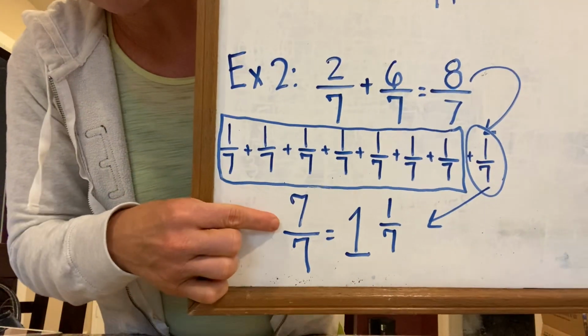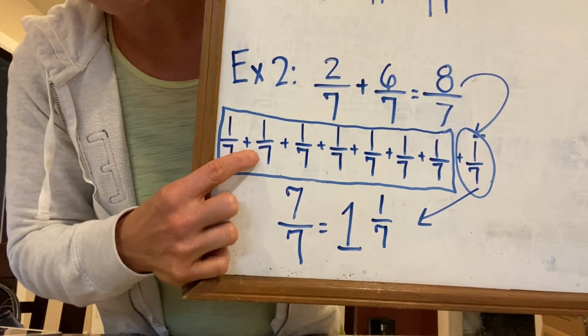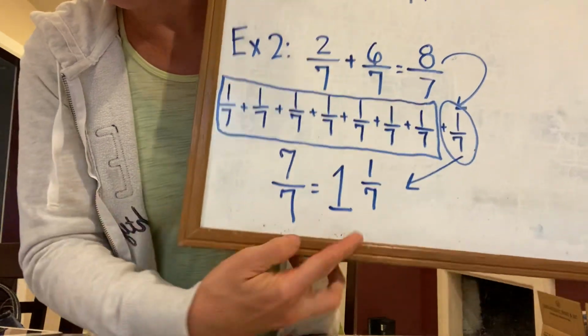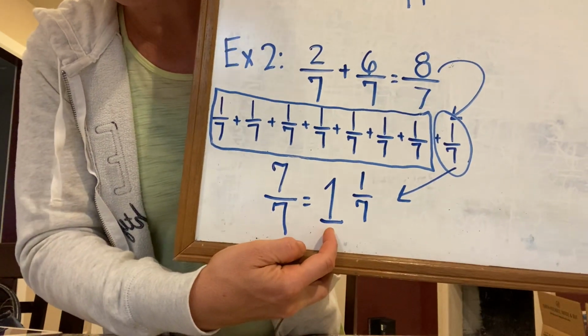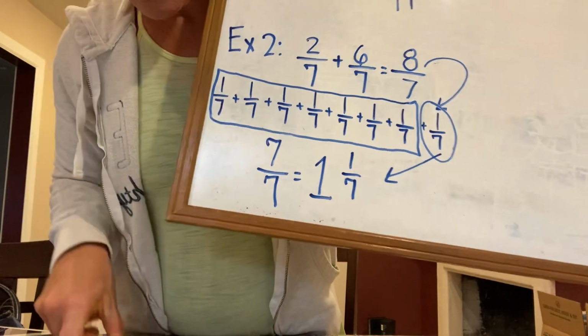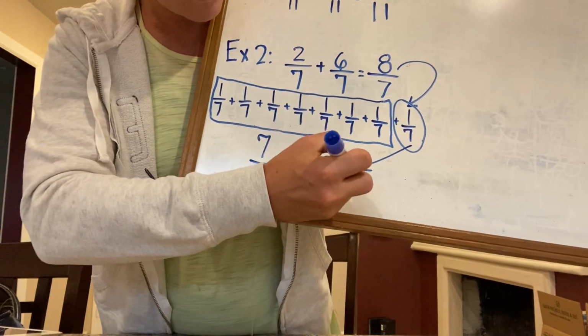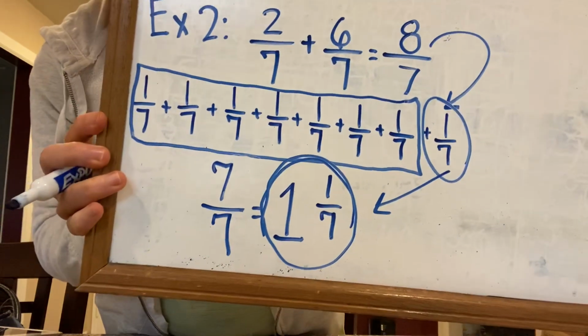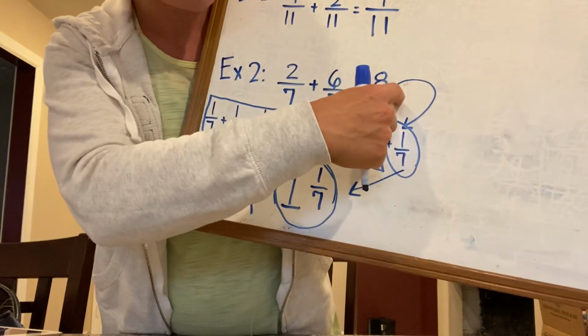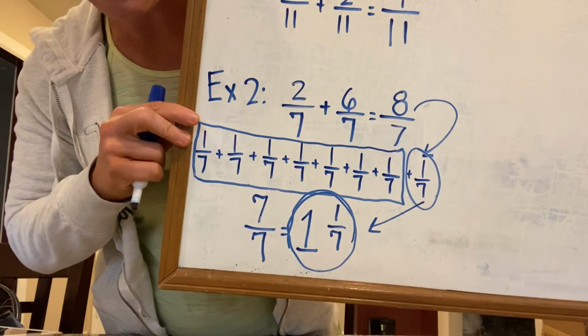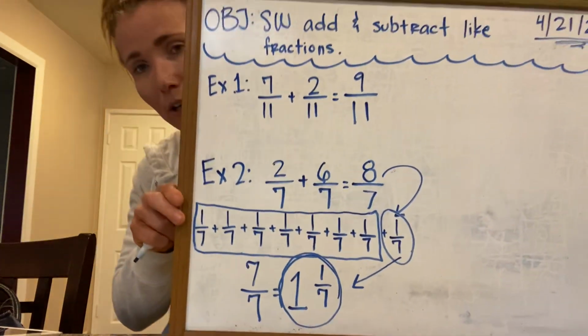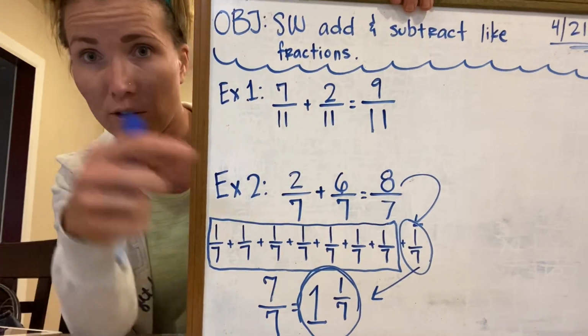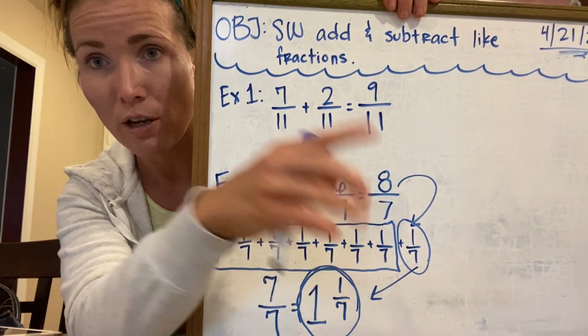So 7 over 7, if I broke this down, is equivalent to 1 whole, plus the extra 1/7. So if you want to be technically correct, you could write 1 and 1/7. You could just leave it as 8 over 7. That's fine too. So again, for today's lesson, you can leave it as an improper fraction, 8 over 7.